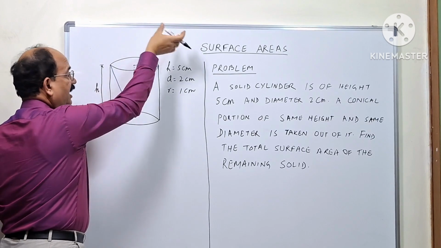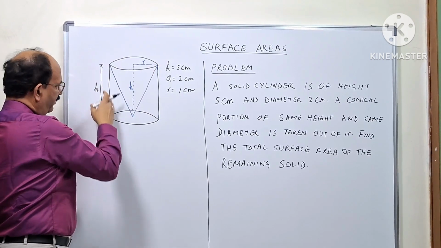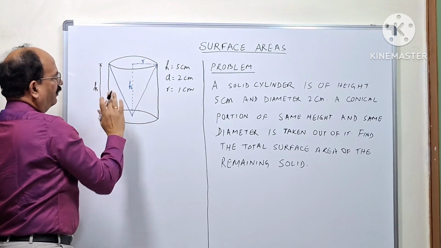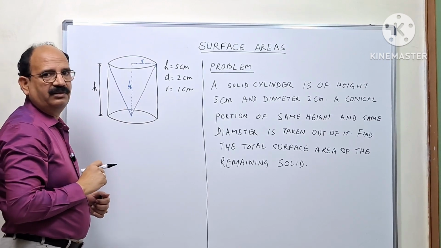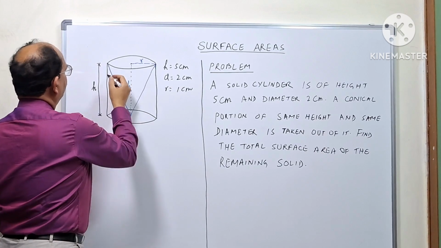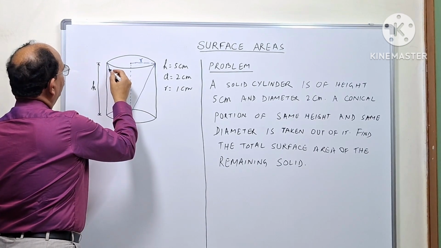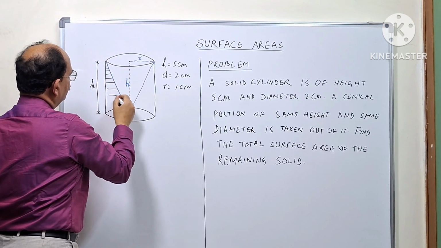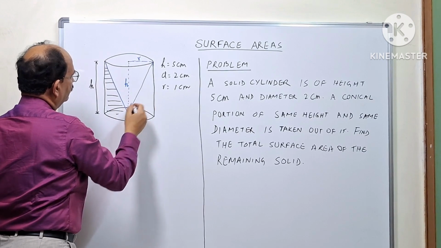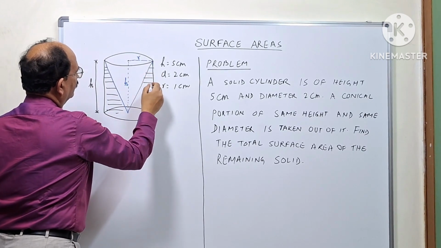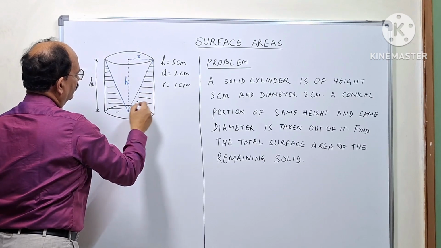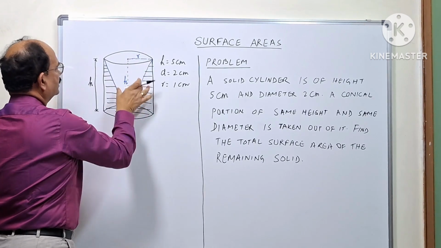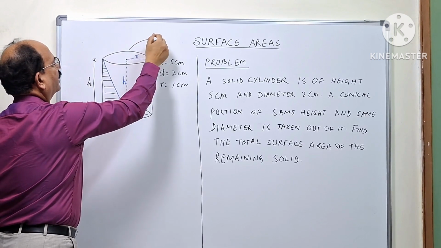This conical portion has been taken out, so whatever is the remaining solid, for that we have to find the total surface area. The remaining solid will be this, because this conical part has been taken out.